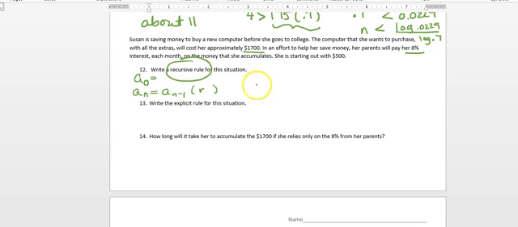So in this case, a sub 0 is equal to 500. That's her initial amount. And then a sub n is equal to a sub n minus 1 times, I'm sorry, this is supposed to be 1 plus r. So that would be 1 plus 0.08.